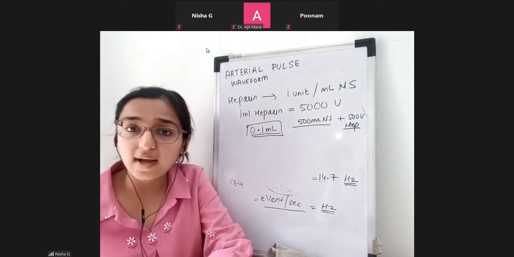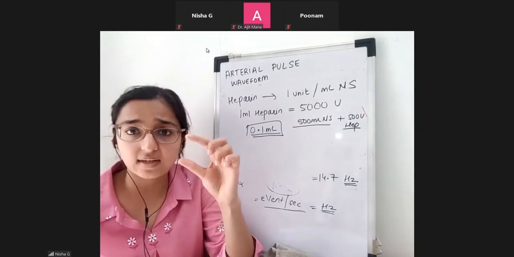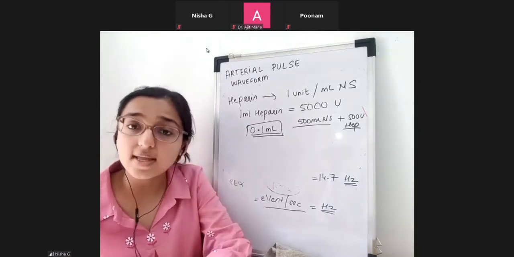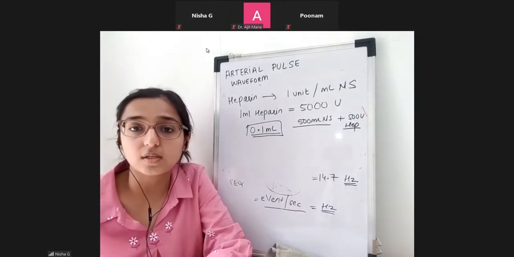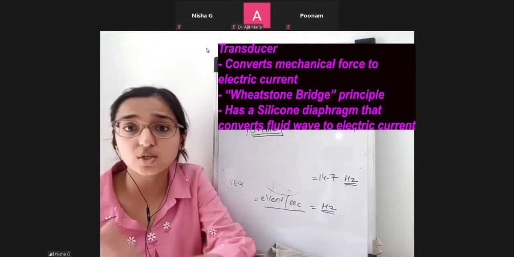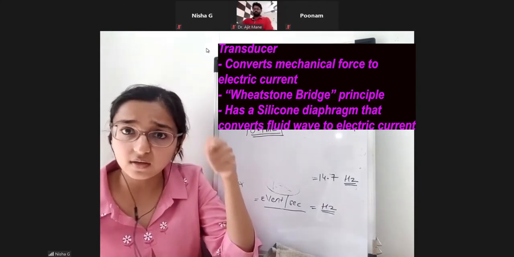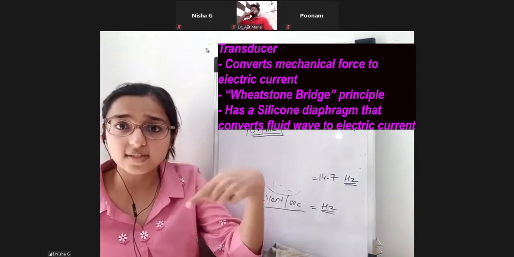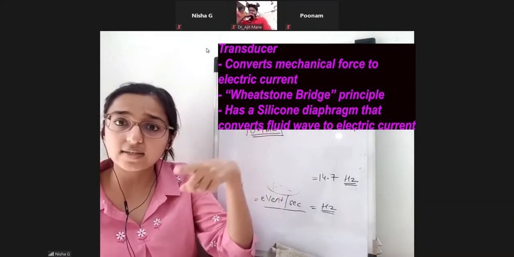Now you have this transducer, the light blue plastic device that you could see in that image. The transducer gets normal saline from the IV set, and from the other side there is an arterial extension going to the patient.